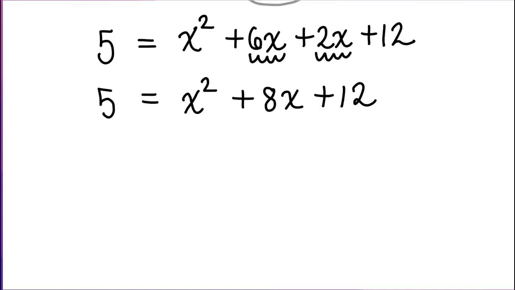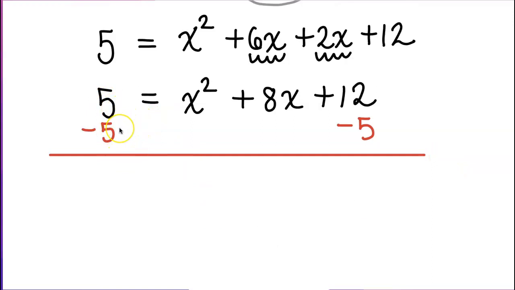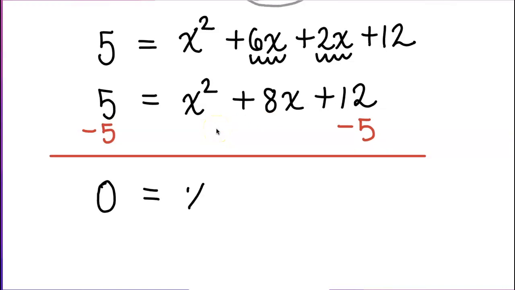To solve a quadratic equation, we need to have 0 on one of the sides. Since the left side just has a positive 5, I'm going to subtract 5 from both sides. So 5 minus 5 will give me 0 on the left-hand side. And on the right side, I'm going to have x squared plus 8x, and when you combine these constants, 12 minus 5, you get plus 7.